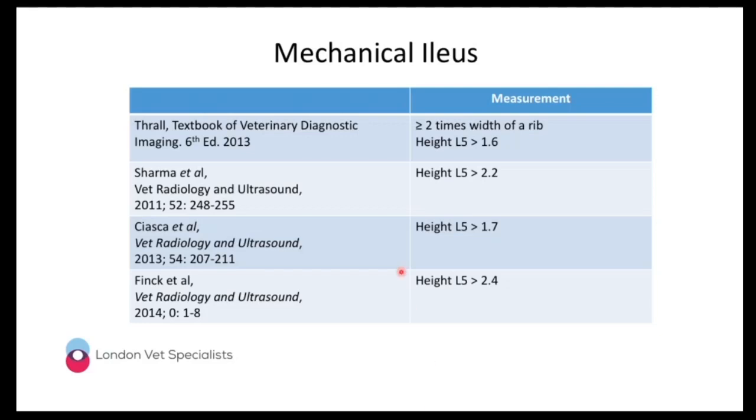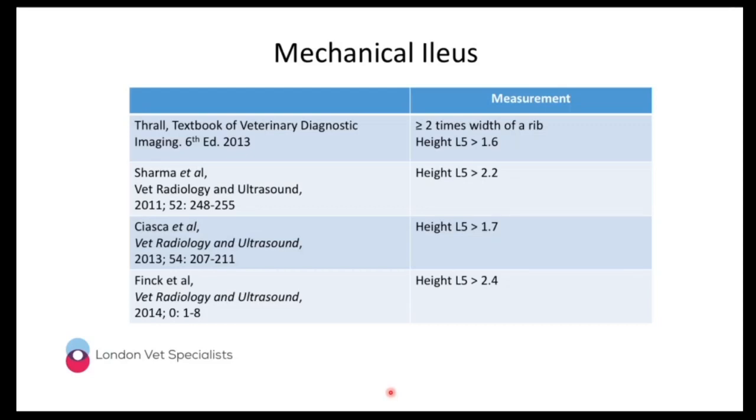So the one that most people tend to go with is the one that's published in the textbook of veterinary diagnostic imaging by Thrall, and that suggests that if you see a loop of bowel that is greater than or equal to twice the width of a rib or greater than 1.6 times the height of L5, then that's sufficiently dilated for us to be concerned about a mechanical ileus.